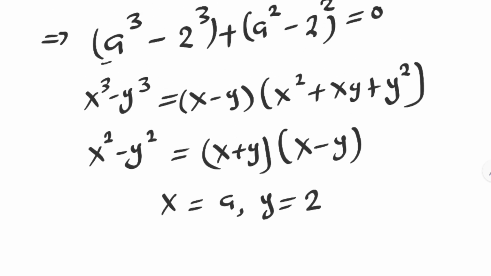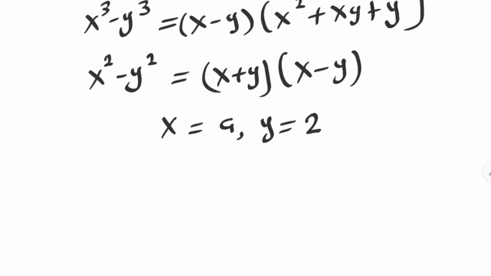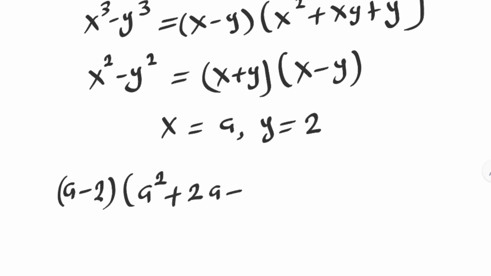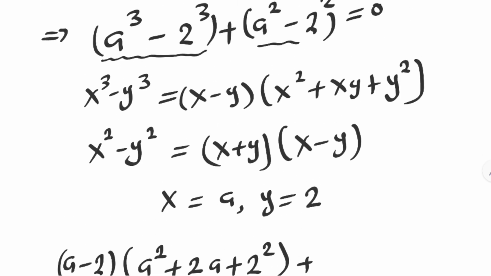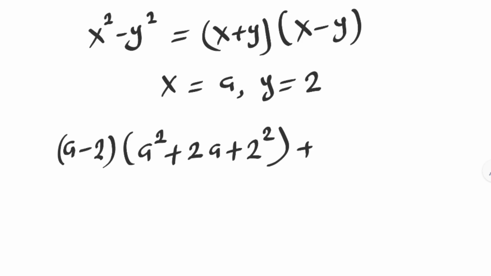Now this can be written as a minus 2 bracket a squared plus 2a plus 2 squared, then plus all of this is a plus 2 bracket a minus 2 is equal to 0.